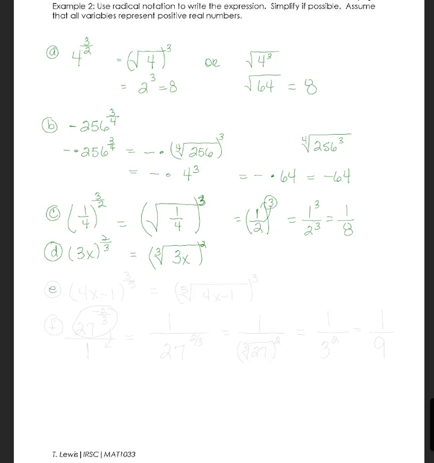E, let's do another one. We have here the quantity of 4x minus 1 all raised to the 3/5 power. Okay?